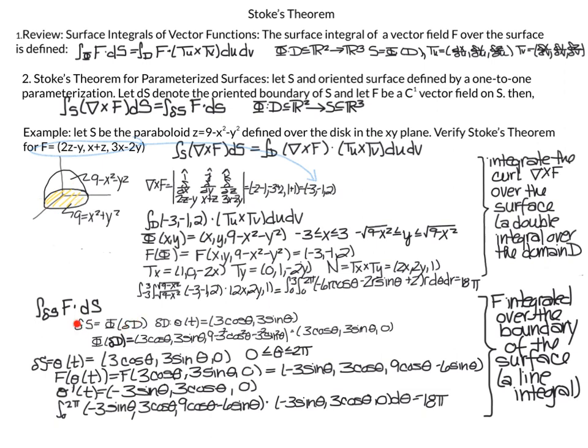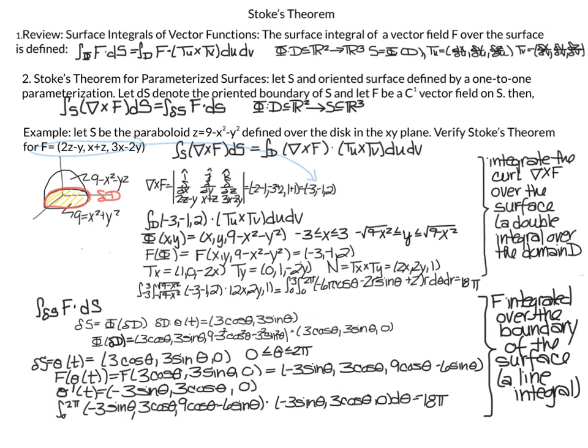So to figure out what del S, the boundary of S, is, we look to see what phi does to the boundary of the domain. The domain here is bounded by the circle 9 equals x squared plus y squared. So we're going to parameterize that boundary of the domain as 3 cosine theta, 3 sine theta.